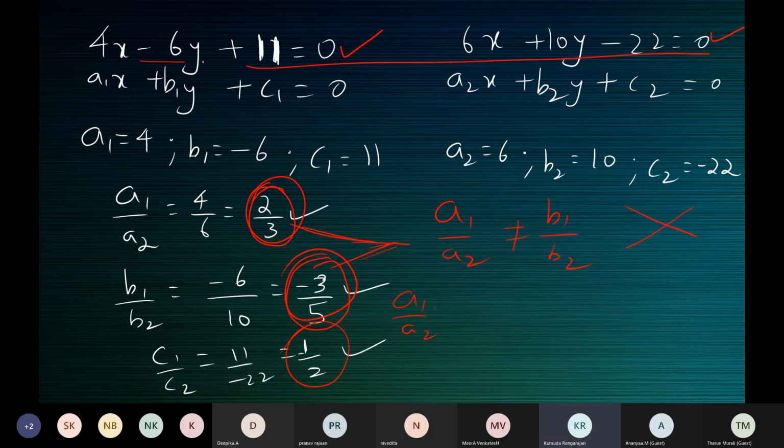When you make the graph of these two lines, they'll intersect in the Cartesian plane. On your graph paper maybe they don't intersect, but when you produce them, they will intersect.